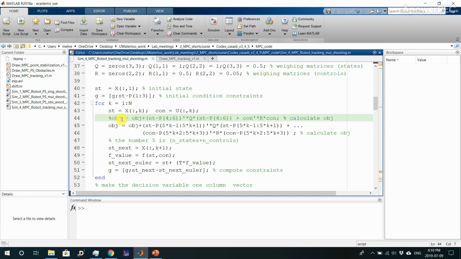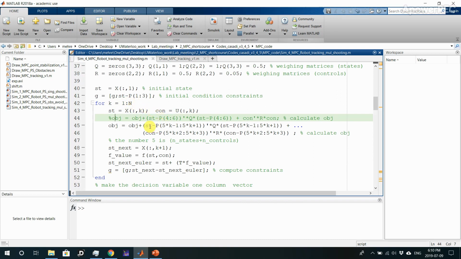the variable option. So previously in the point stabilization case, we had the penalization of the deviation between the predicted state and the reference state. And as you can notice here, the reference state, which was a specific portion of P, was the same for all the prediction steps.